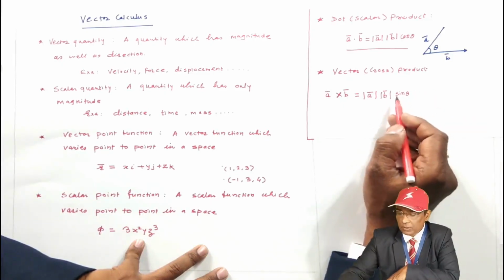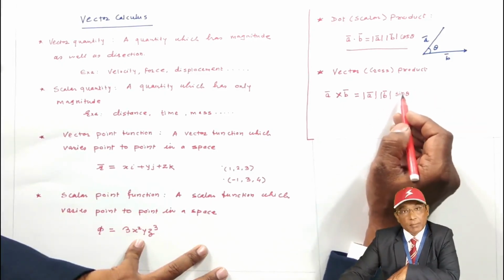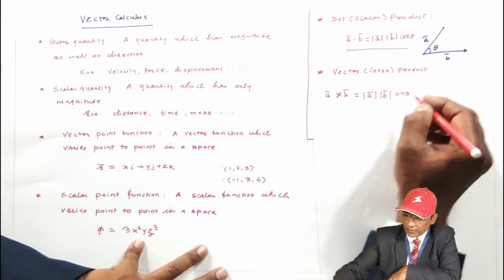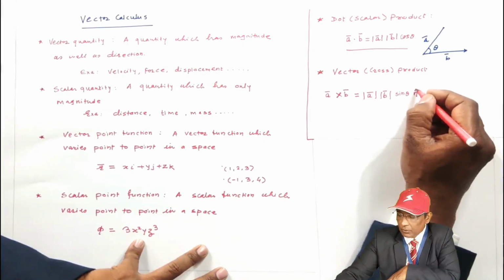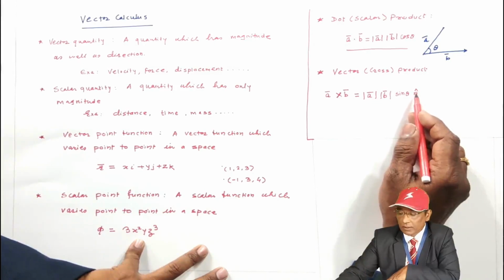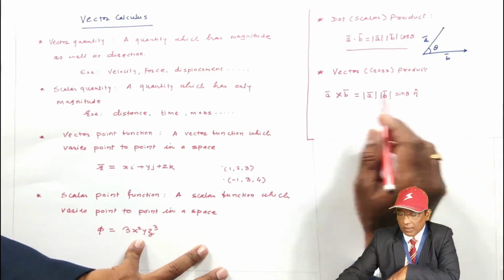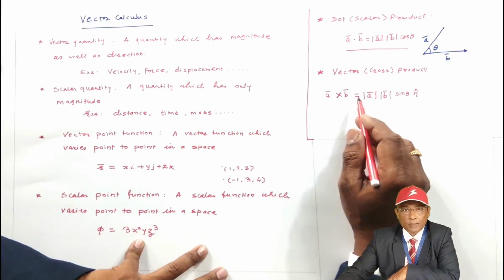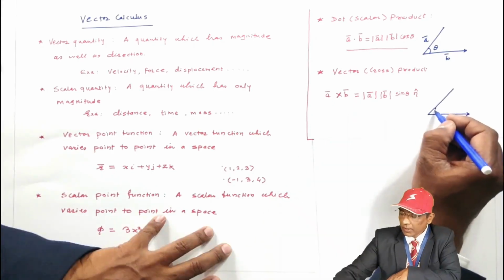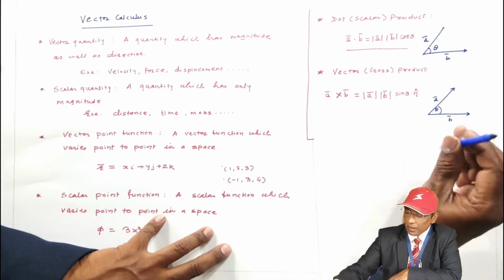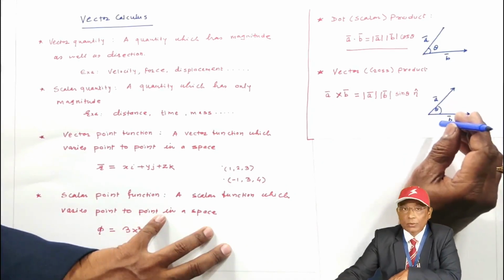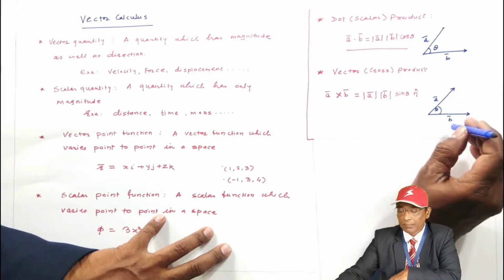And the important thing is that, with ordinary multiplication, it is multiplied by n cap. What is n cap? It is a unit vector along a bar cross b bar. This vector is b bar, and this is the angle theta between the two vectors a bar and b bar. A bar cross b bar is perpendicular to the plane of a bar and b bar.